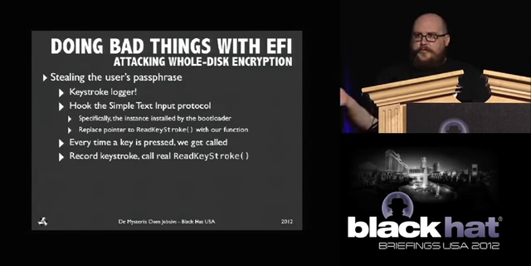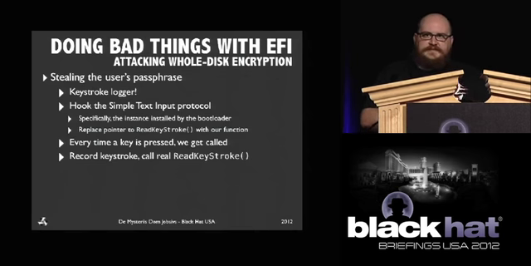There's the Simple Text Output Protocol for console output. The Simple Text Input Protocol has a protocol block like structure that contains pointers to all the functions and data for the protocol, including the read keystroke function, which reads a keystroke. So when you press a key, that gets called. So basically, we just want to hook that function and keep a buffer of all the keys. Pretty traditional keylogger kind of thing.